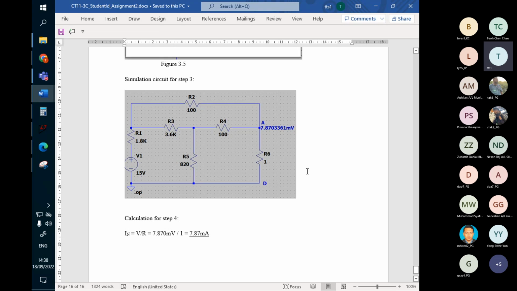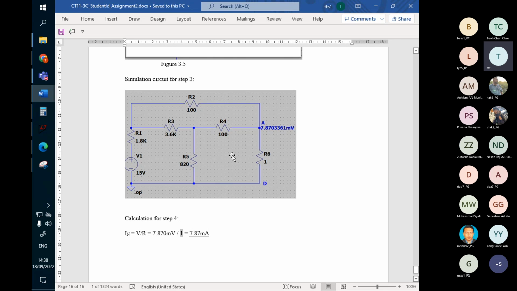Okay. This is how we get the Norton current by using the Ohm's law again, and use a dummy load 1 so that we can apply our Ohm's law. Because if we leave it open, what we get is a voltage here. And since there's no current here, it's hard for us to calculate the current flow through the output.